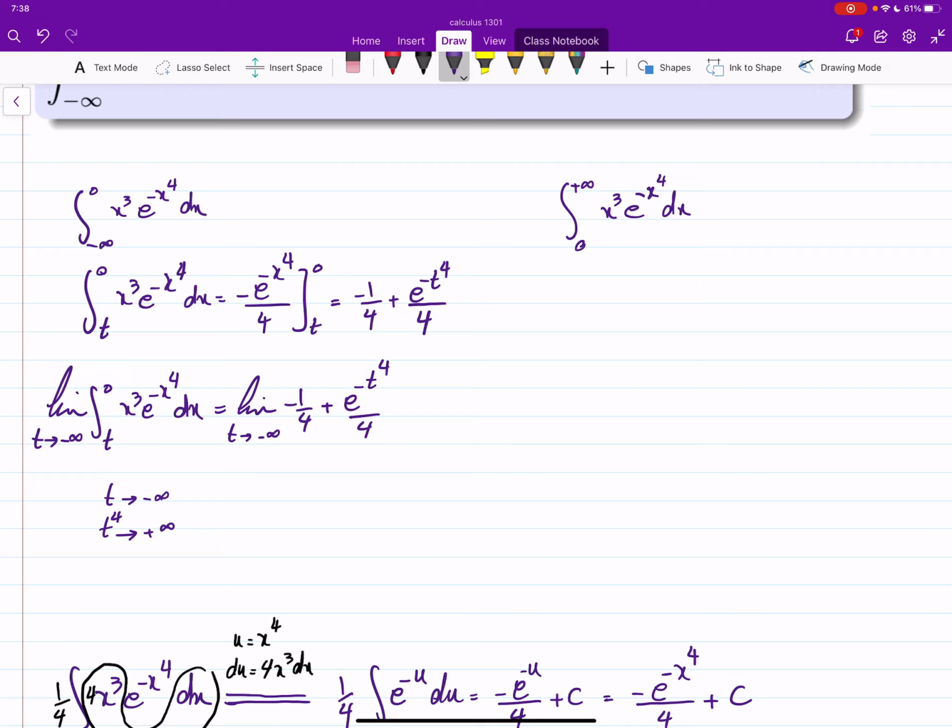And then negative t to the power 4 goes to negative infinity. As a result, e to the power negative t to the power 4 will go to 0. You check the graph again. We just did have it up there. So this will be negative 1 over 4. So the result is that, yes, this is convergent. And the value is negative 1 over 4.